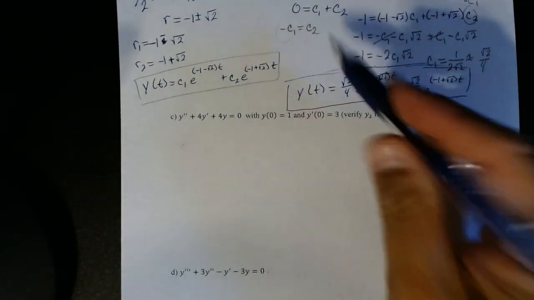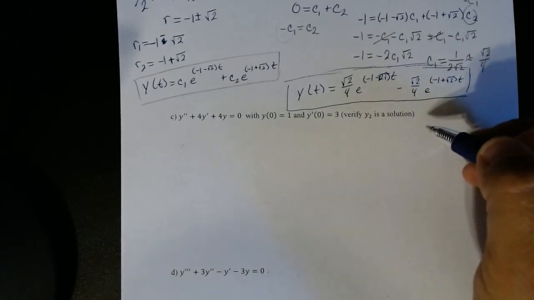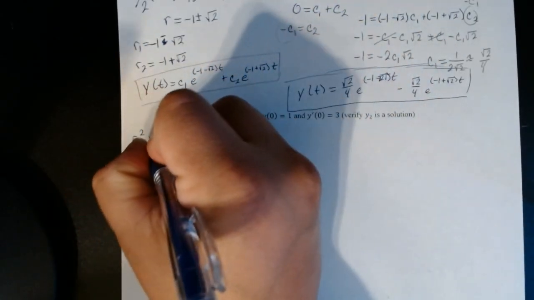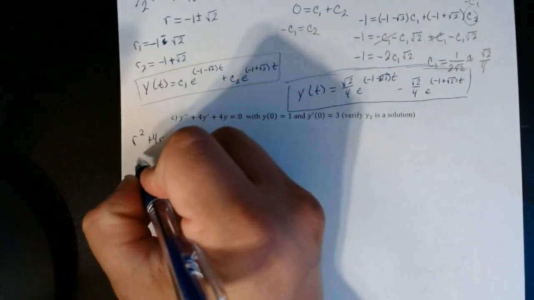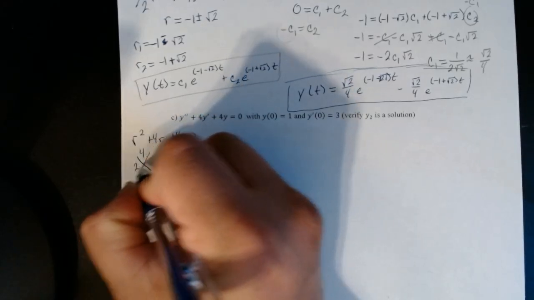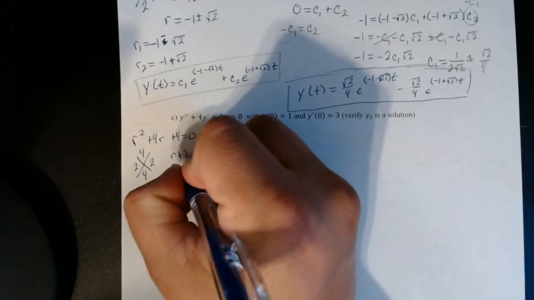Okay, so again, initial condition, and we want to do one extra step. We want to verify y2 is a solution as well. All right, so we get r squared plus 4r plus 4 equals 0. Looks like 2 and 2 work. So we get a repeated root.